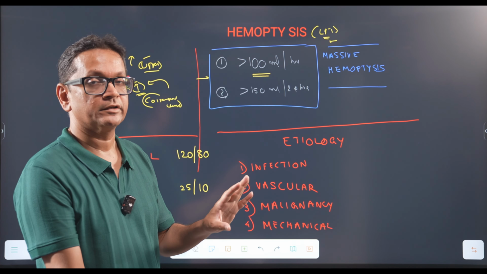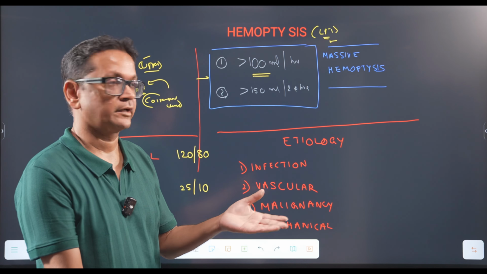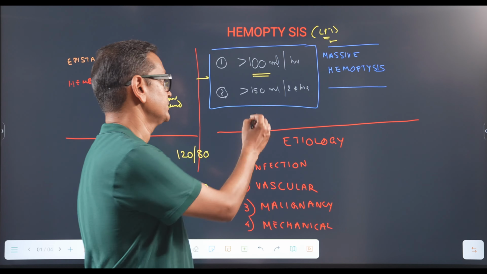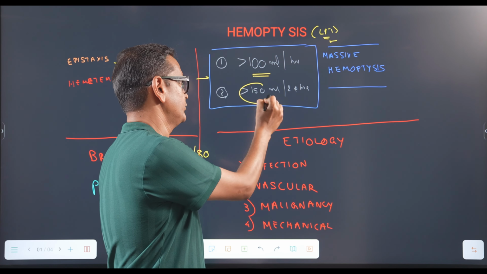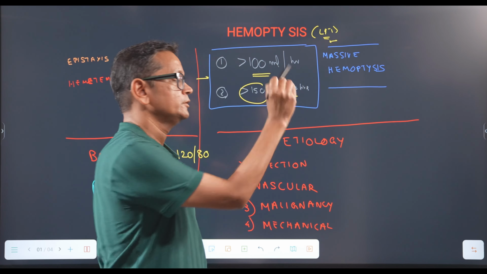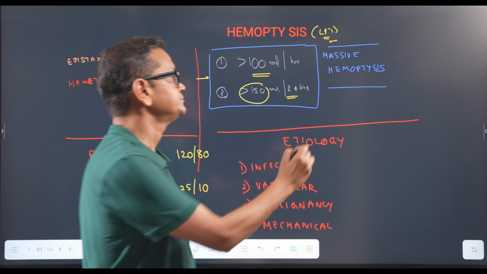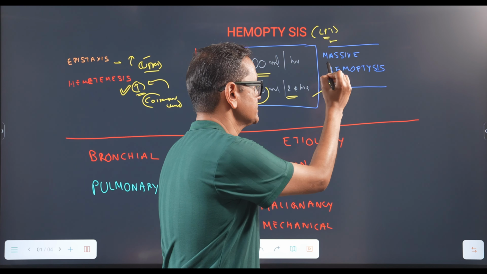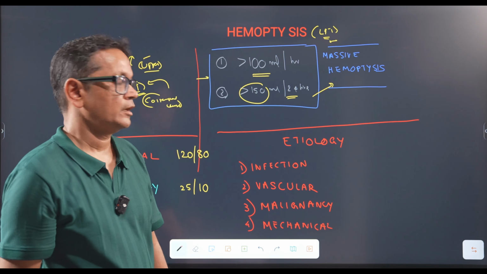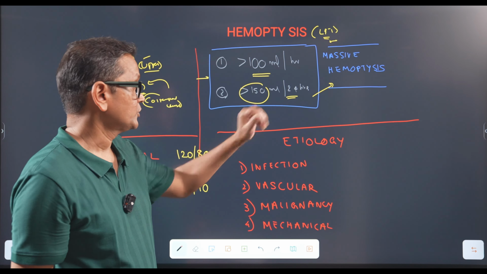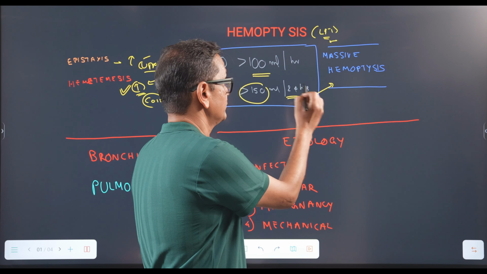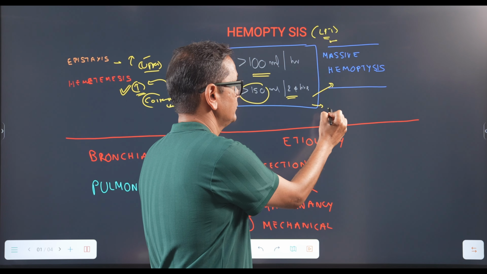Similarly, if there is a previous history, reliable, of any blood coming out more than 150 ml within 24 hours, you can label it as massive hemoptysis. After all, this blood is quite important, even 150 ml per 24 hours, because we have only around 5 liters of blood.